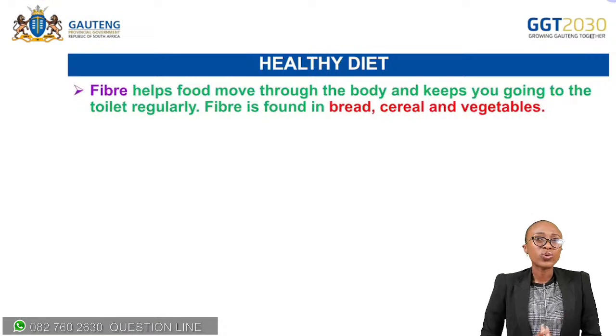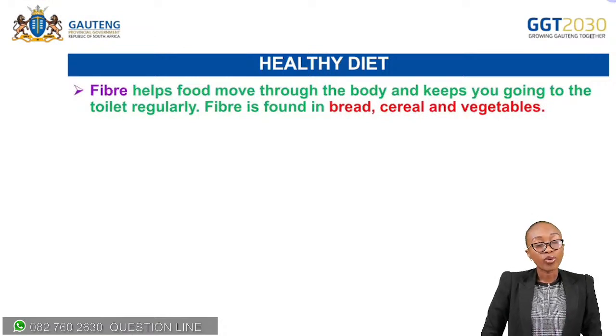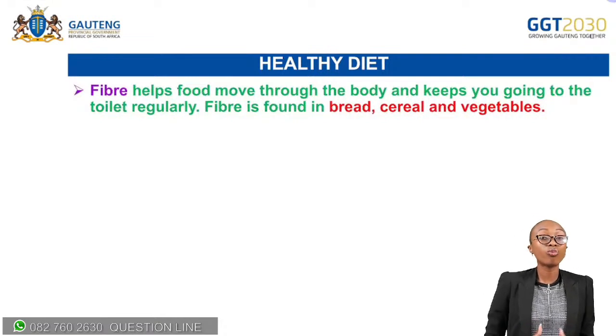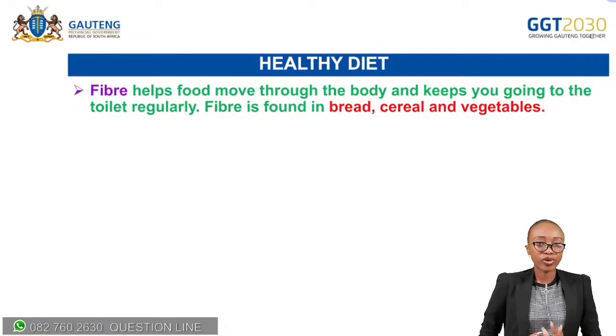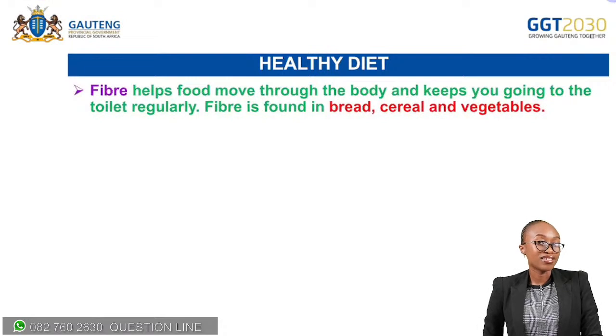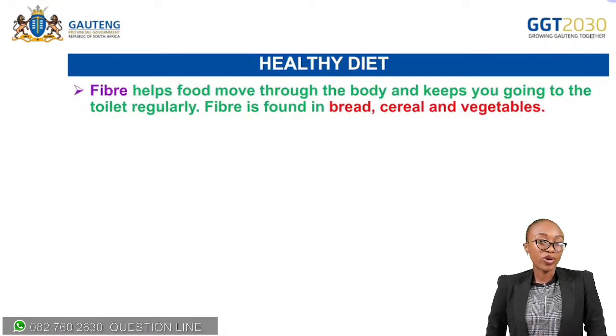So where do we find fiber? We find fiber in foods like bread. What kind of bread? That whole wheat bread, that brown colored bread. So next time they send you to buy bread at home, why don't you suggest to buy your whole wheat bread instead?